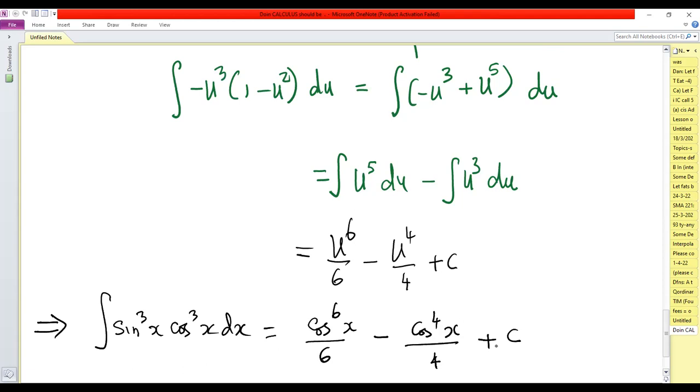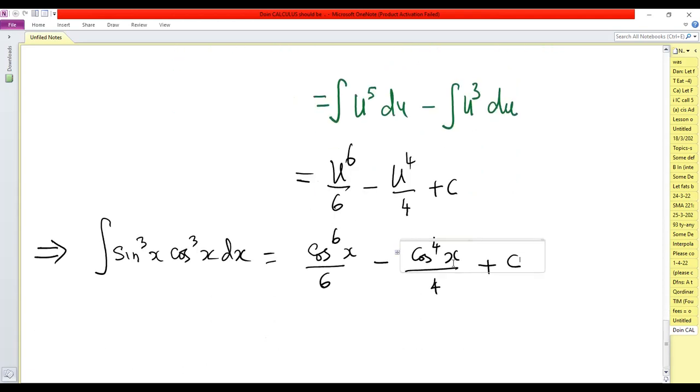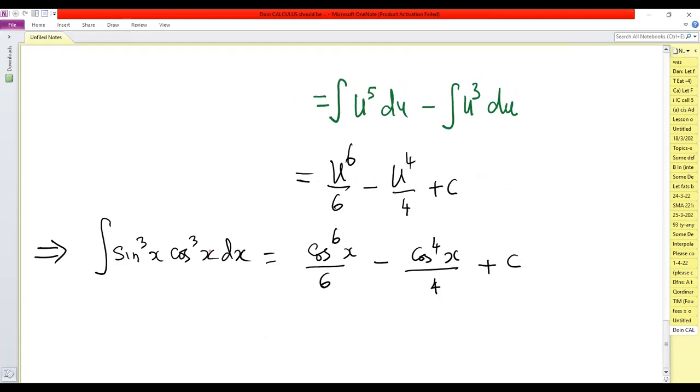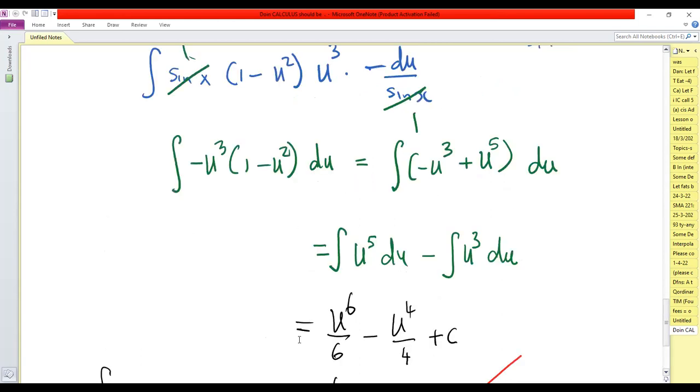So that is how we evaluate that. So simply by making use of the substitution, sine squared equals 1 minus cos squared x. So that is the final solution to that particular problem.